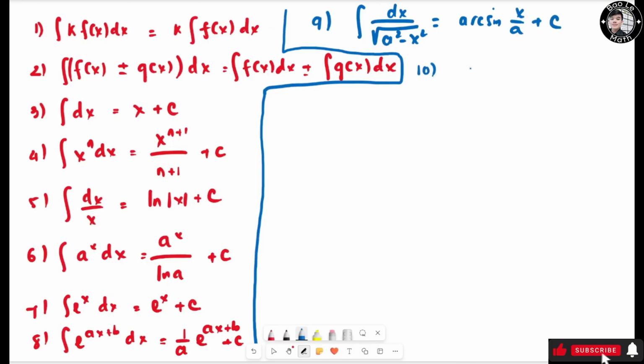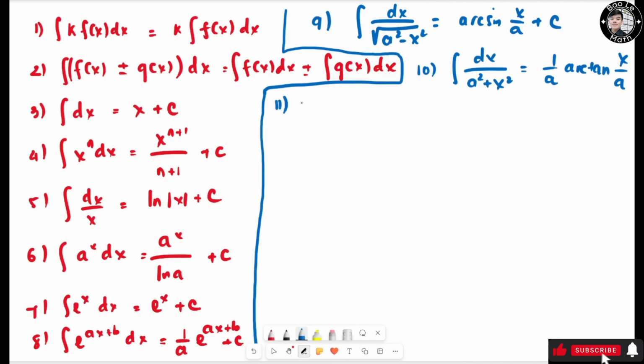Number 10. Antiderivative of ds over a square plus s square is going to be 1 over a arctangent of s over a plus c.